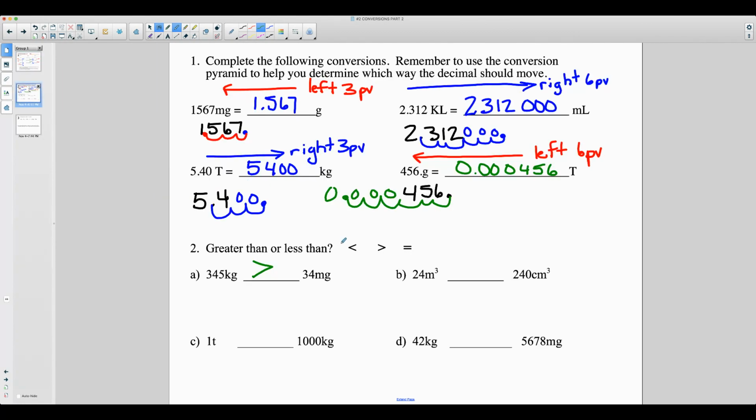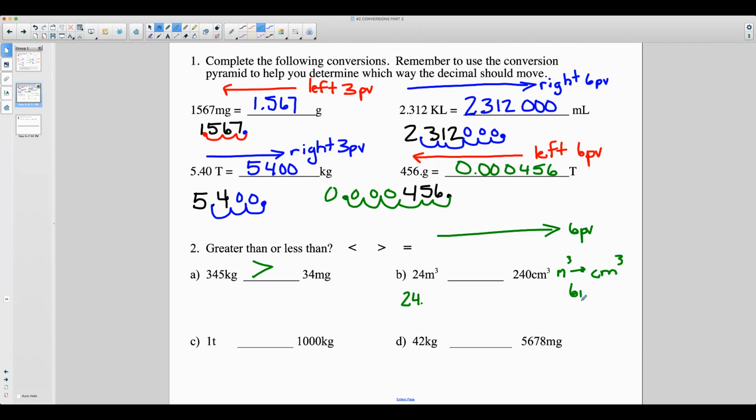So we are going to do 24, and we would be going to the right 6 place values to get it from meters cubed to centimeters cubed.